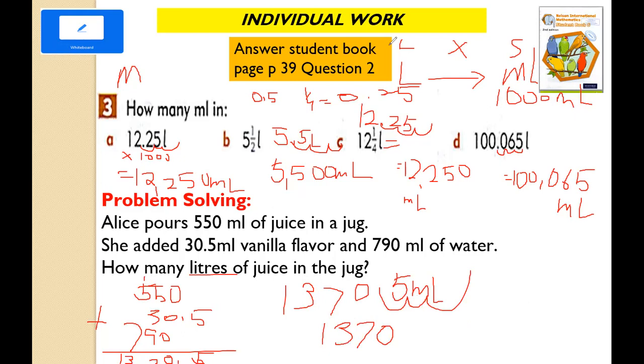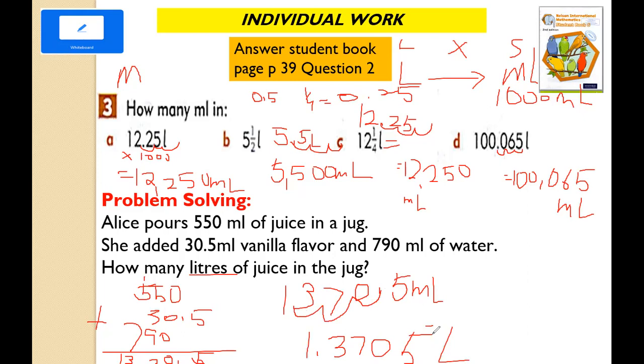I need liters, right? So we will move to the left 3 times. 1, 2, and 3. So 1.3705 liters. Okay, so don't forget, when we are converting milliliters to liters, we need to divide, because the rule is when you convert from a smaller to a larger unit, you need to divide.